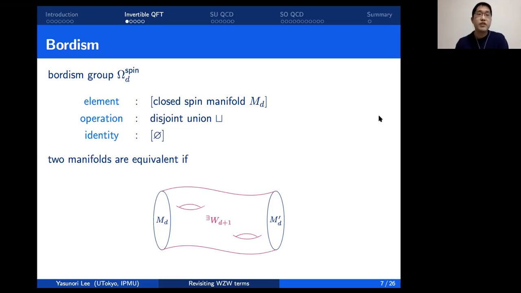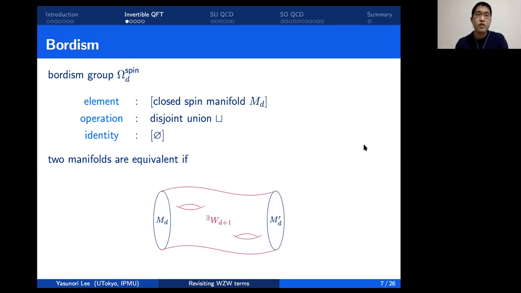So this is the basic definition of the Bordism group, but one can easily extend this notion and further take various structures of manifolds into account. For example, if we take closed spin d-manifolds, M_d and M_d prime, and require the spin structure to be suitably extended across W_{d+1}, the resulting group becomes a spin Bordism group.